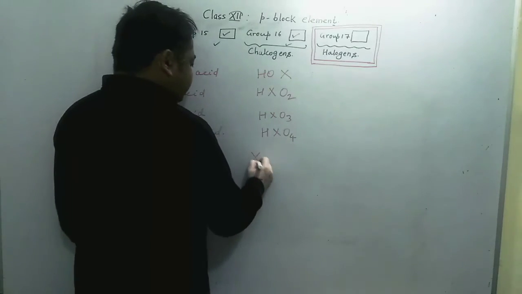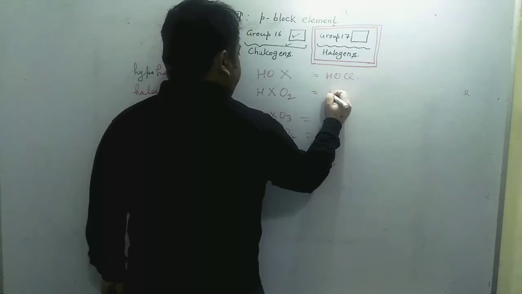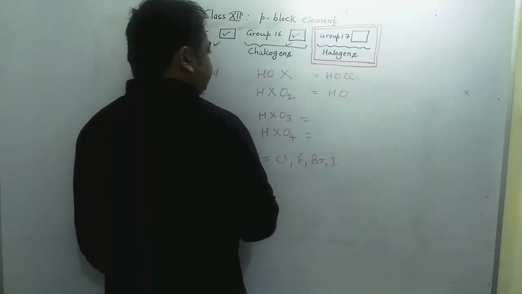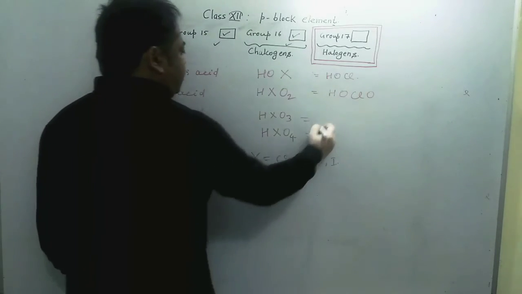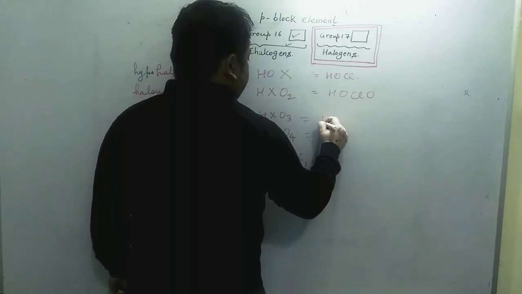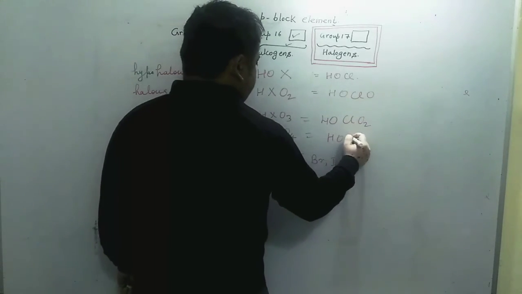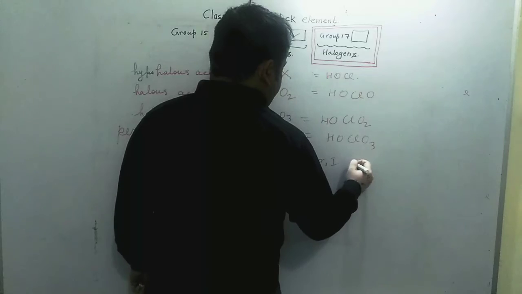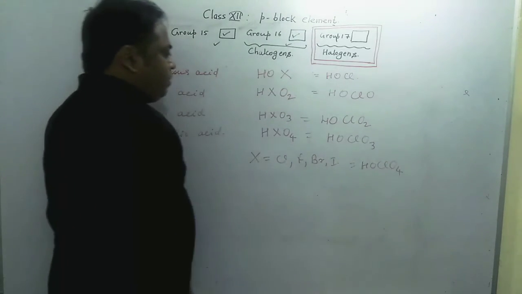Example, this X could be chlorine, fluorine, bromine. It will be HOCl, HOClO, HOClO2, HOClO3.